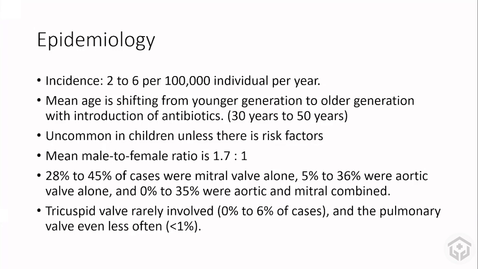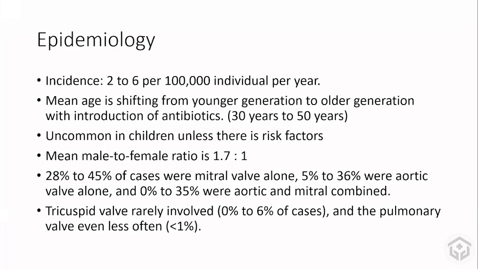When we look at children, this is usually uncommon, but children with congenital heart disease, septal defects or valvular defects can develop infective endocarditis. The male to female ratio shows male predominance, 1.7 to 1.